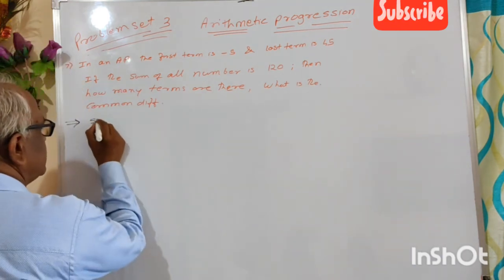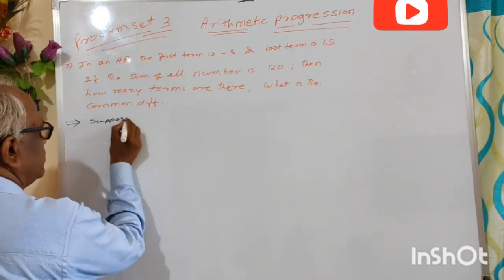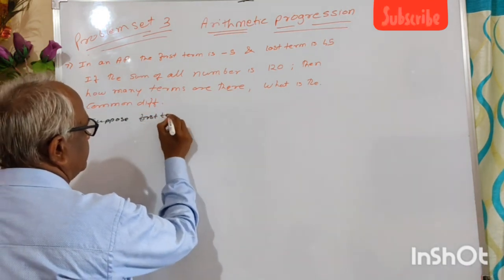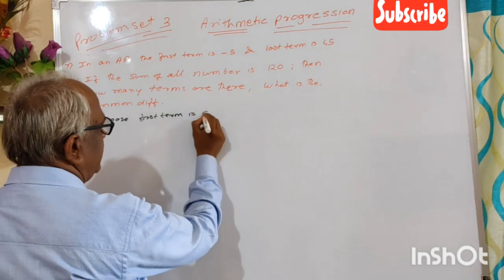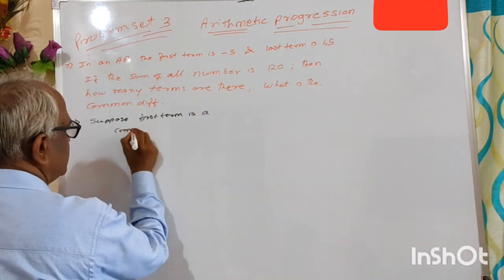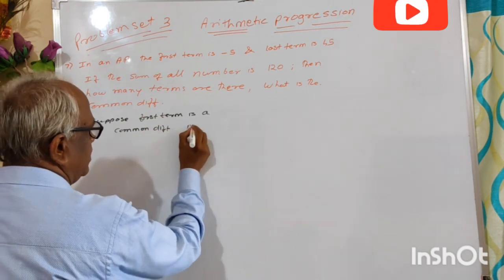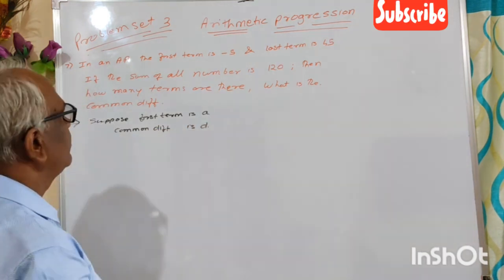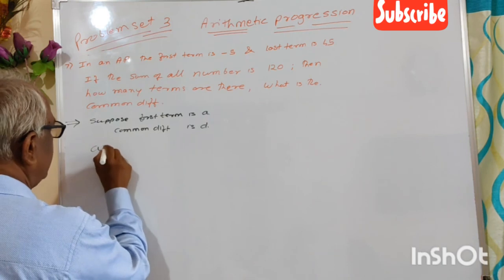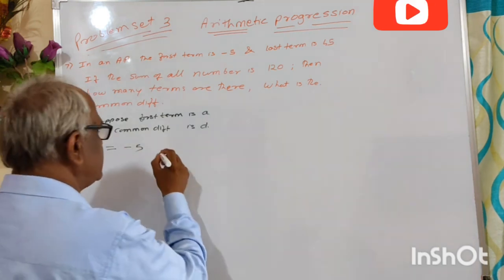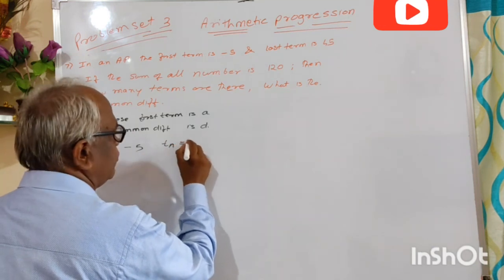Now suppose the first term is A and the common difference is D. Here the first term is given, A is equal to minus 5, and the last term is given, that is Tn is equal to 45.